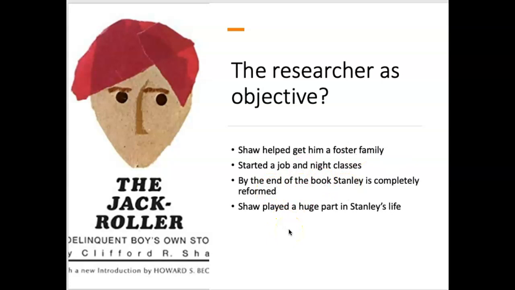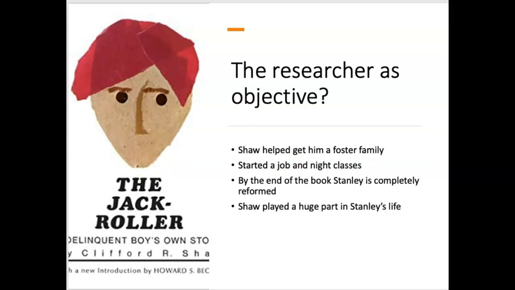The reality is a much more complicated story because Stanley goes back to crime later. But I think it's fair to say that Shaw played a huge part in Stanley's life. So the sympathetic account that Shaw gives is called into question because he wasn't really an objective observer. And then you, as a researcher doing your case study, have to decide how involved you become in this particular case.